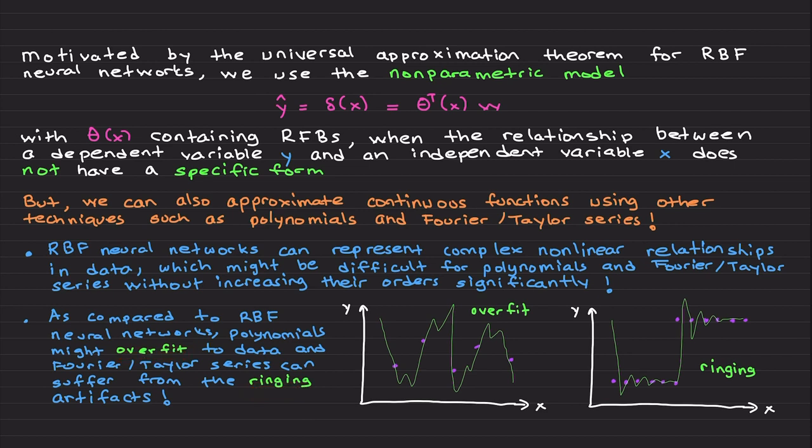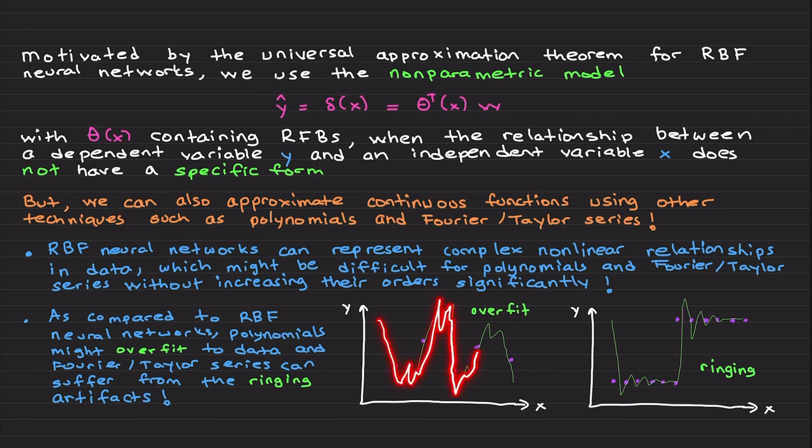Basically, if you have simply these 5 data points, and when you use a polynomial, if you choose the polynomial order to be high, then instead of having a nice fit like this, you may have these large, unnecessary deviations, which are called overfit, right?